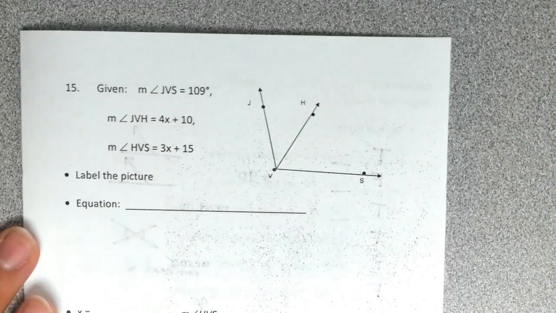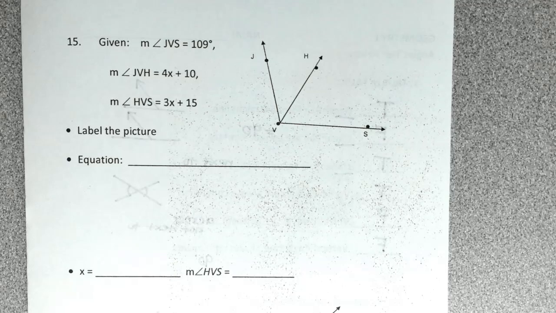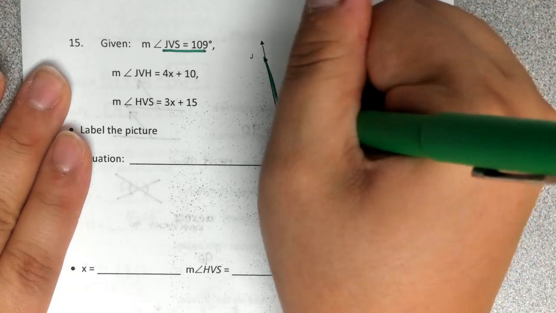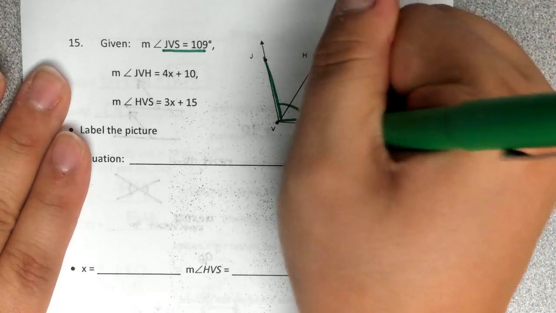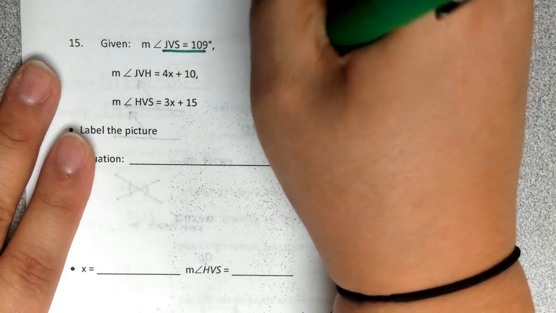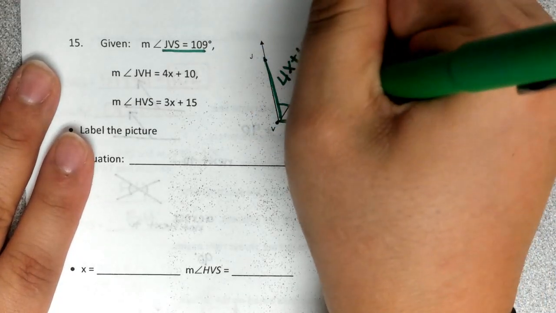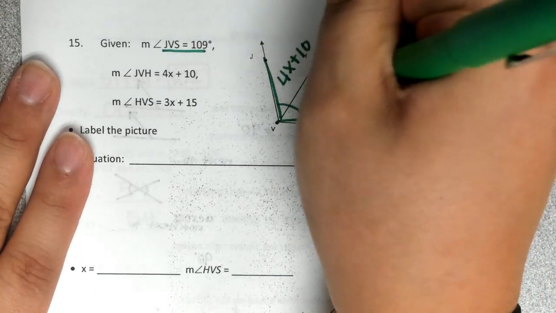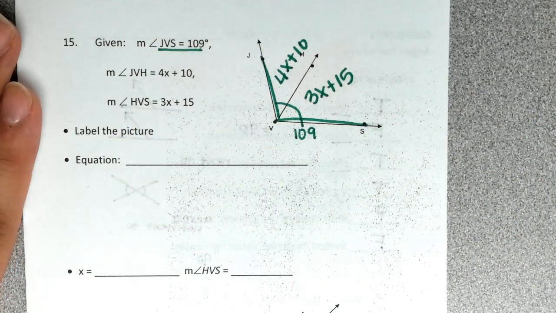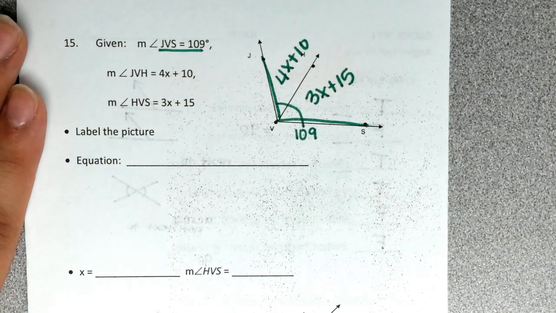Tomorrow, these questions are going to be just like they were last test. You are going to get points for labeling. JVS, not JVH. JVS is 109. JVH is 4x plus 10 and 3x plus 15. Does it say anything about bisects here?